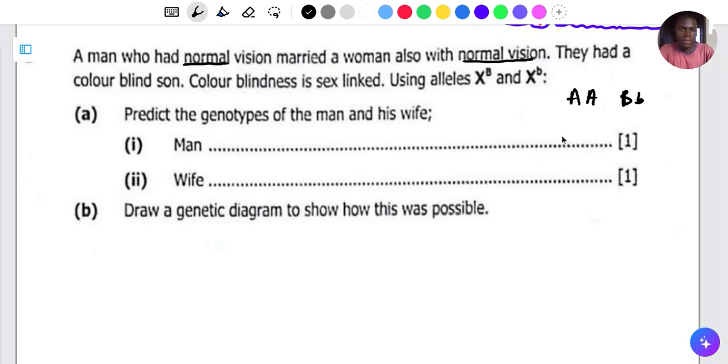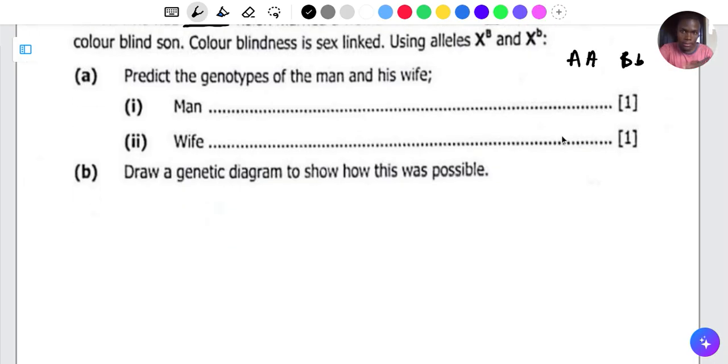Before I give you the answers for question A, there's one thing that you need to know. A male, who is a man, has the sex chromosomes X and Y. One thing that you need to know is that the X chromosome is longer than the Y chromosome, or you can say the Y chromosome is shorter than the X chromosome.